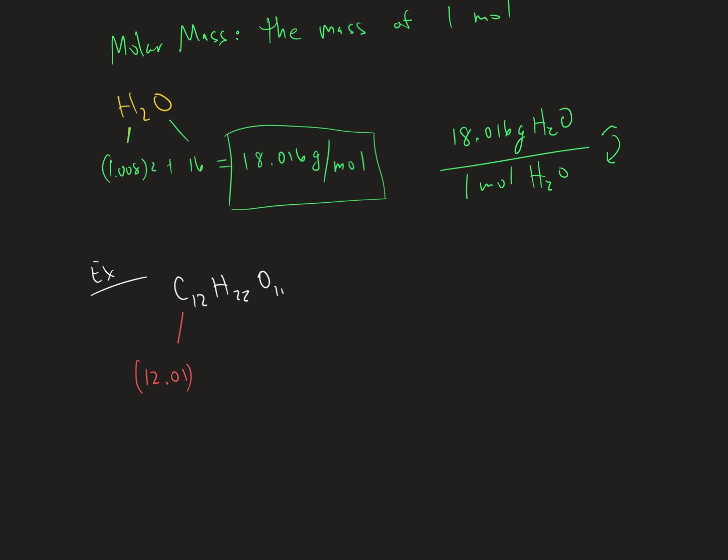Let's not round until we get to our final answer, yeah? Let's multiply that by 12 because we have 12 of them. And we're going to add to that, what's the molar mass of hydrogen? 1.008 multiplied by 22 because there's 22 of them. And we're going to add to that 16 multiplied by 11.